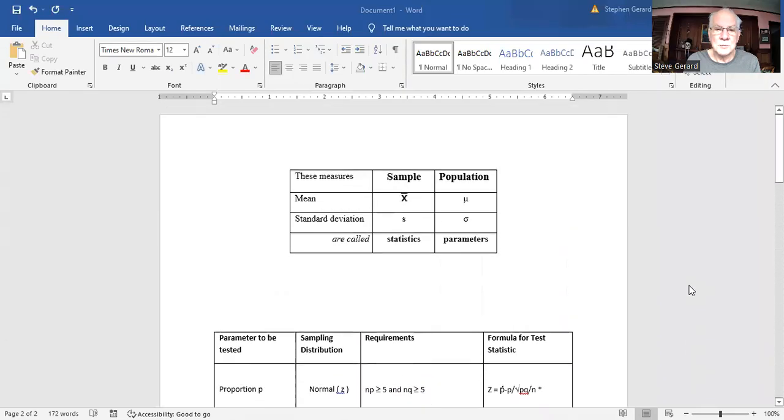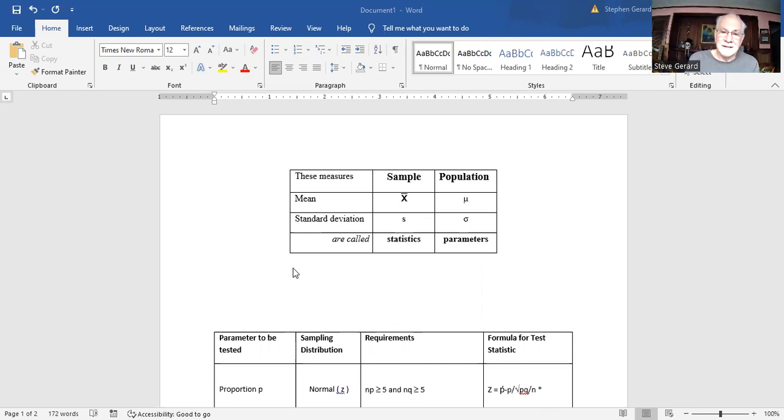Let me start here. Kind of a key first issue here is language. This chapter, more than any other, really focuses on the difference between a sample and a population. With samples, the two major measures that we're working with are means and standard deviations.